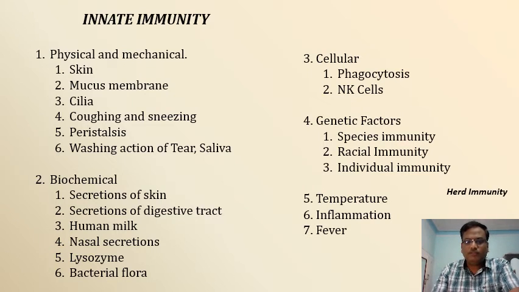So this inflammation is also an immune response actually. So fever is a condition which is associated with high body temperature. So fever is actually an immune response. It is not a symptom. I mean, it may be a symptom, but it is not only that.